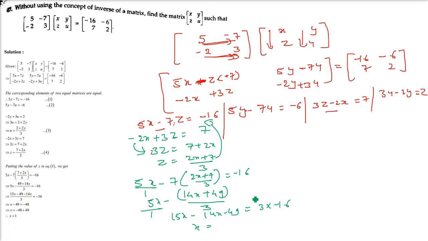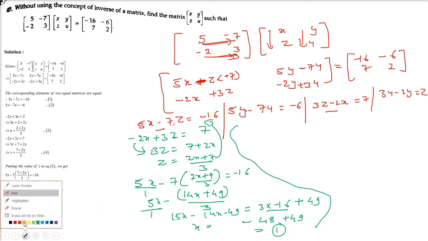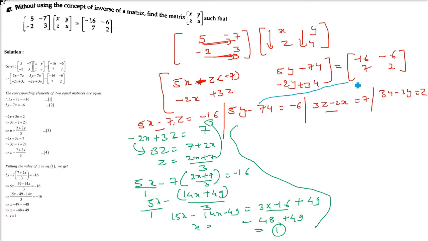So 15x minus 14x is x, and taking 49 to the right hand side, 49 minus 48 is equal to 1. So x is equal to 1. Once you get x equals 1, z equals (7 plus 2) by 3, that is 9 by 3. So z is equal to 3.